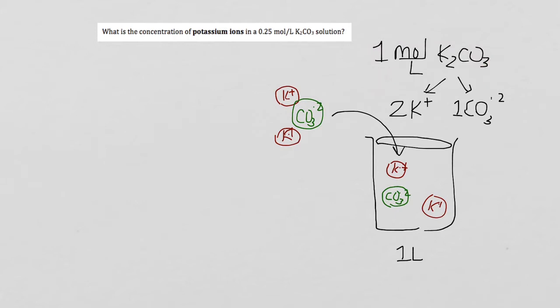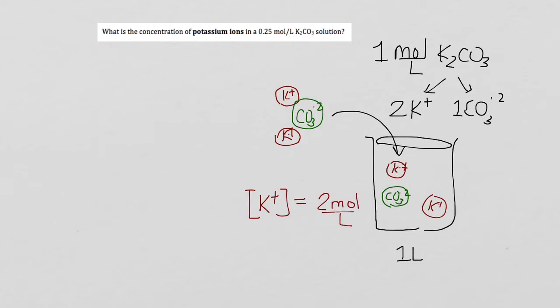Again, if I'm using 1 compound to represent 1 mole per liter, then you look at this picture where there are 2 potassium ions. So the concentration of potassium ion in here, where square brackets represent concentration, would be 2 moles per liter.